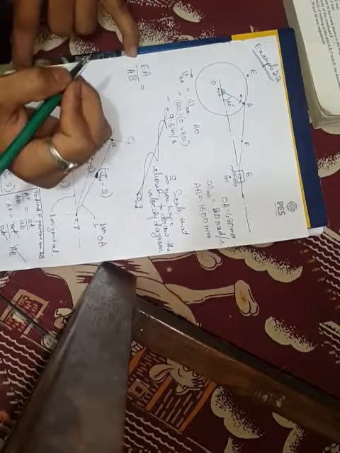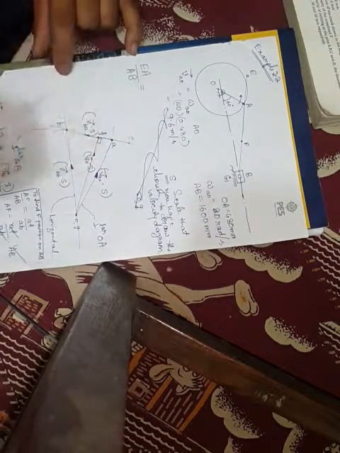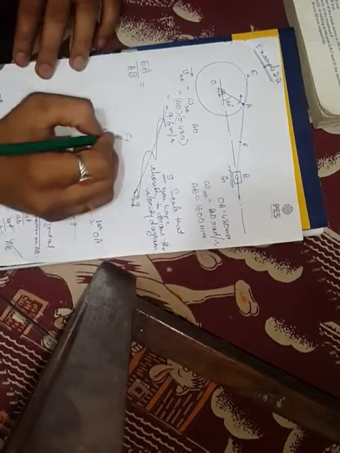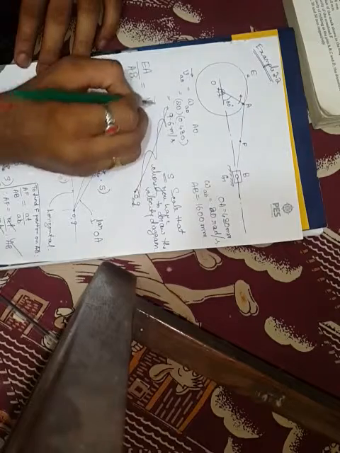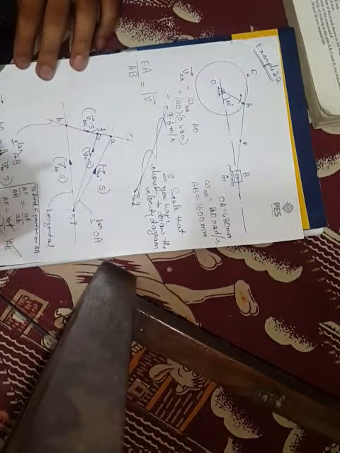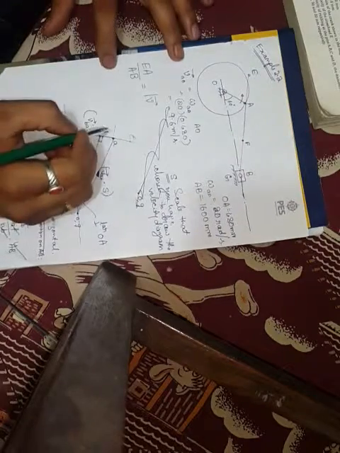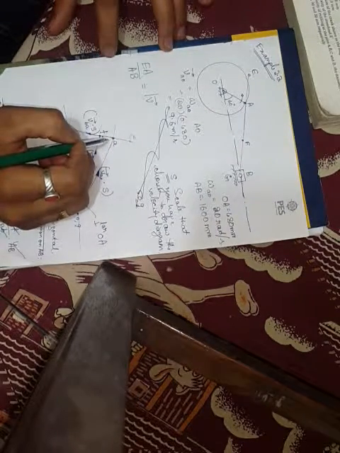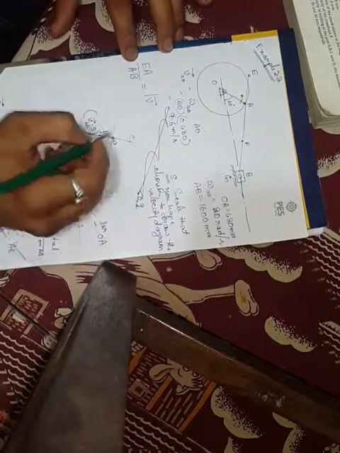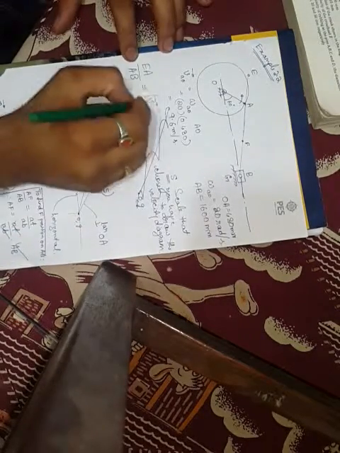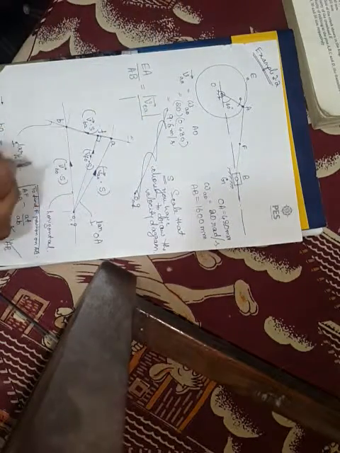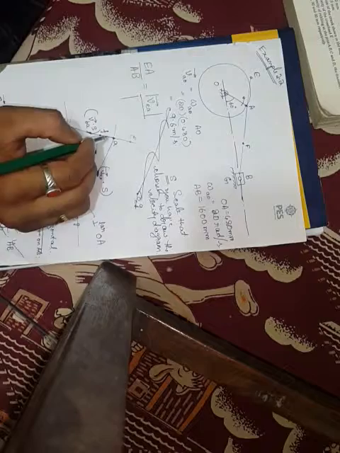So now that should be the magnitude of the velocity of EA by AB, which will be the magnitude of vector EA divided by the magnitude of vector BA.